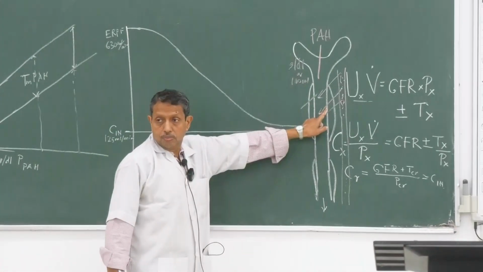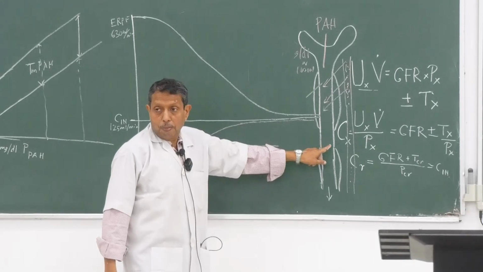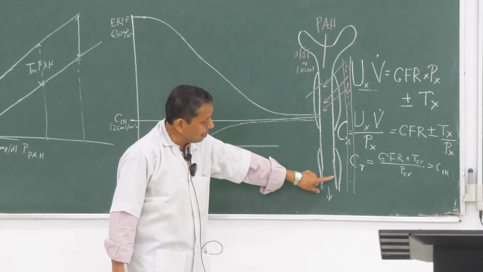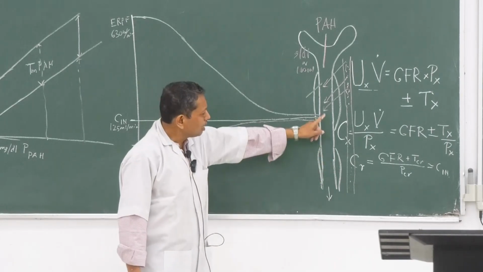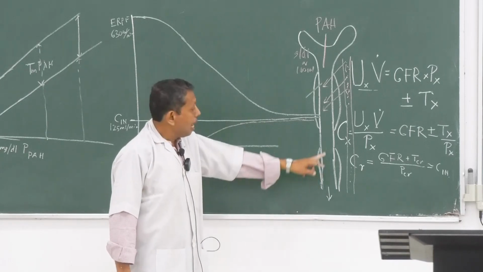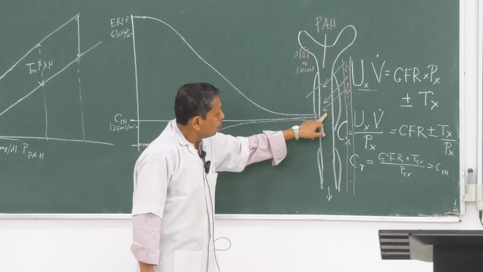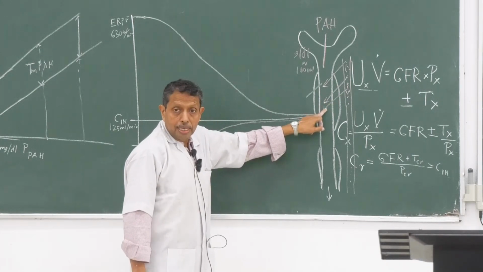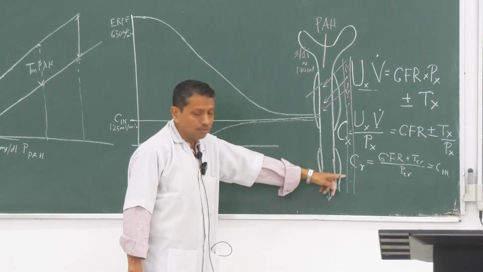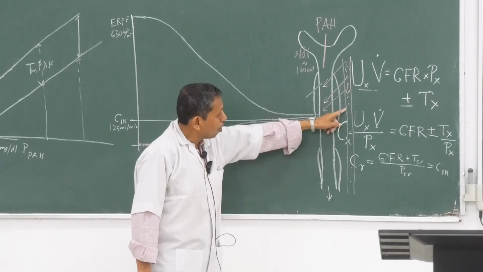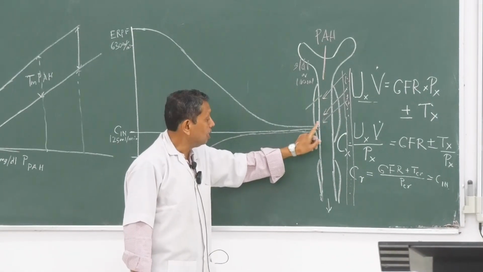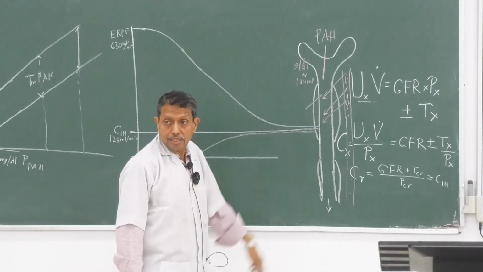Because of the proximal tubule, and the loop of Henle, part of it is the thin limb of loop of Henle, and then again there are the thick cells, and the textbook draws it in this way, to have some concept. And I have given that up to the level of the proximal tubule, it is secreted, the remaining part has less secretion, so that normally 90% is secreted whenever the concentration is low, or extraction ratio is 90%.